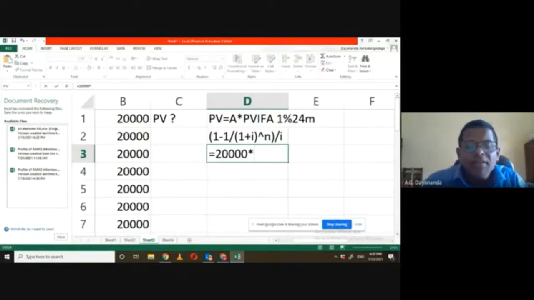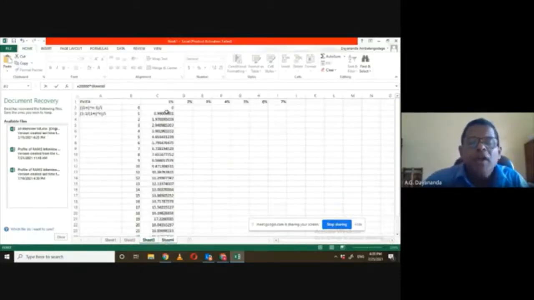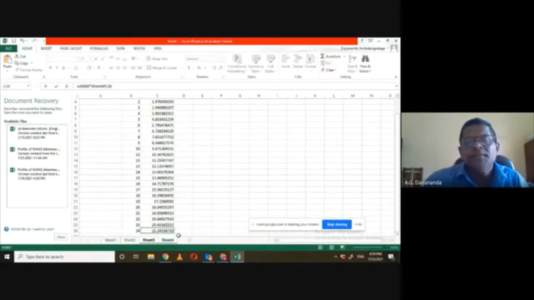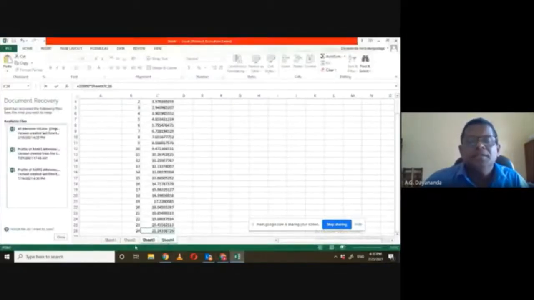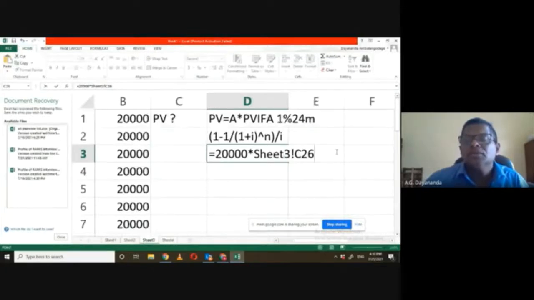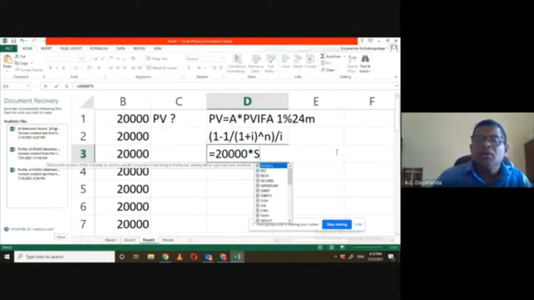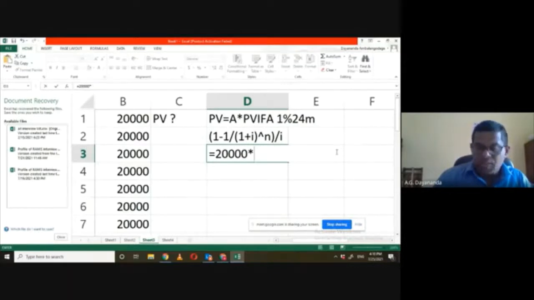So we have to find the factor by going to the table. So 1%, 24 months, 21,243. Right? 21,243. So we multiply it. Two, 4, 3 something.